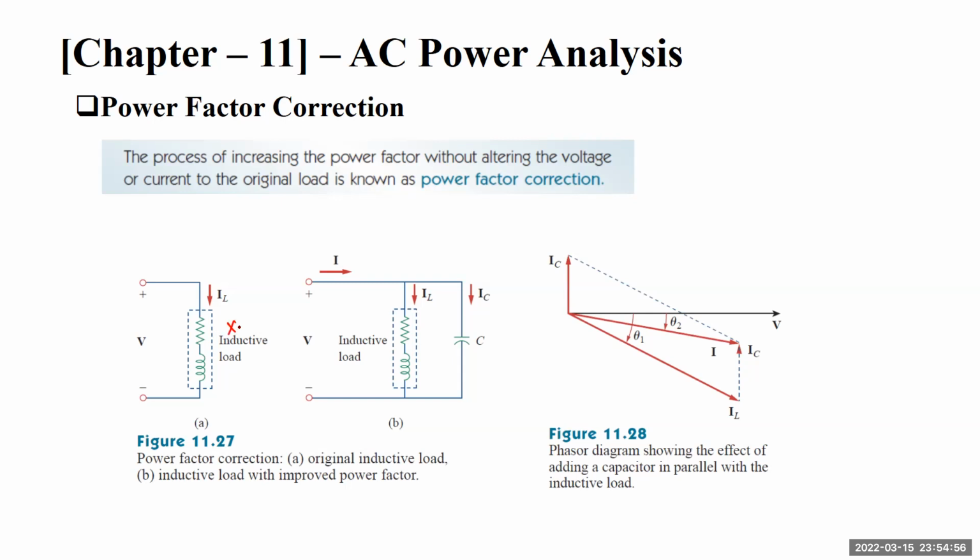It has some XL and some R. So overall Z equals R plus jXL, and there is some current I flowing. Similarly, if we add a capacitor to this load, there will be some decrease in the effective reactive component of this impedance, and that can be seen from here.